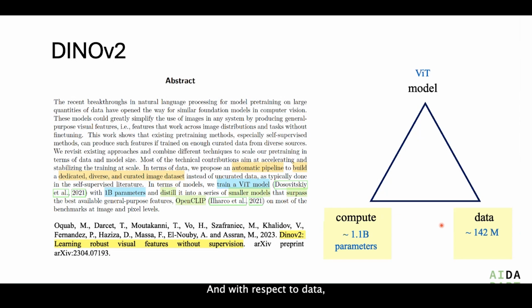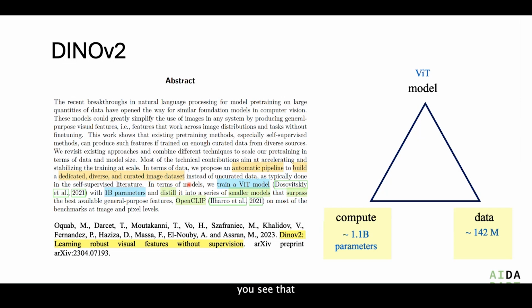With respect to data, you see that they came up with an automatic pipeline to build a diverse and curated image dataset. This is one of the main contributions. Once we have that, we can pre-train a self-supervised vision transformer, as I just mentioned before. And then we can also distill it to smaller models as well.